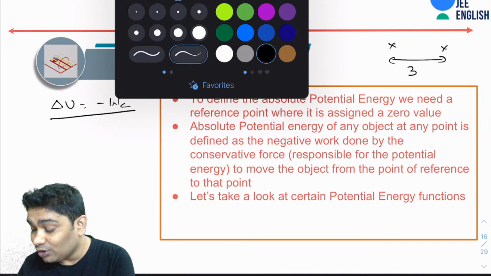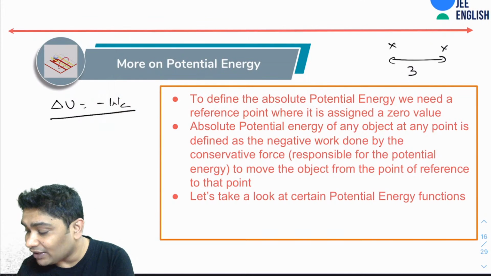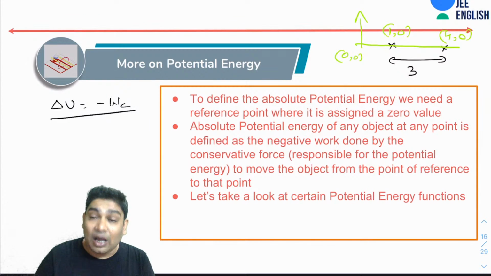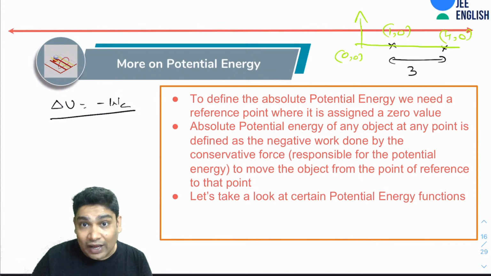Suppose I am taking 0, 0 here. Now this probably becomes 1, 0, and this will become 4, 0. So now you realize the actual absolute values of x coordinates in my coordinate system become 1 and 4.